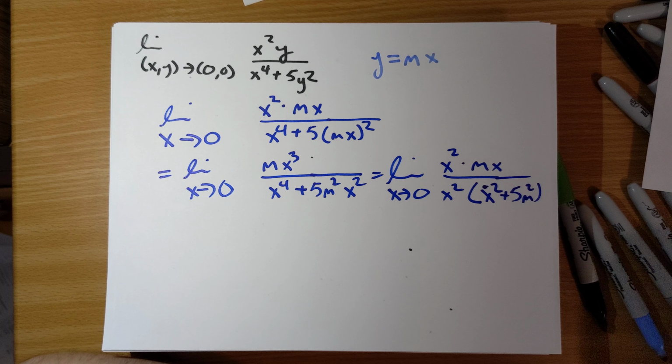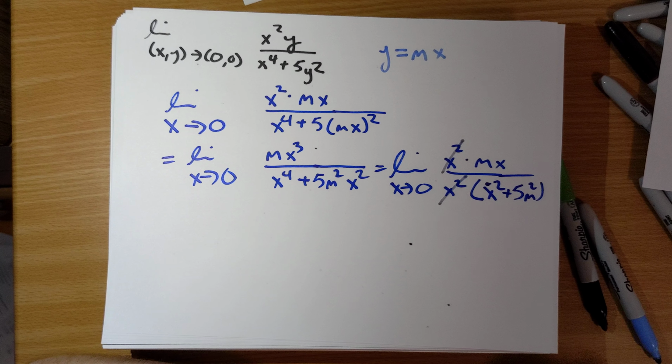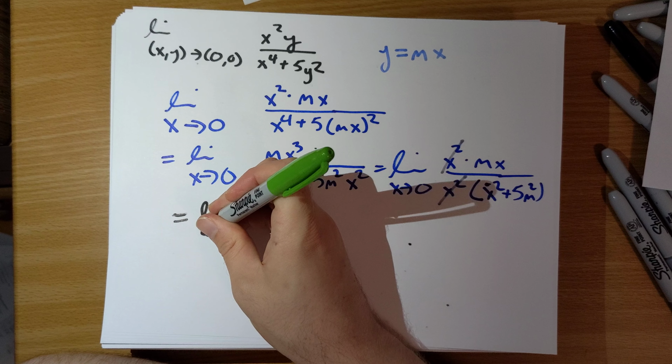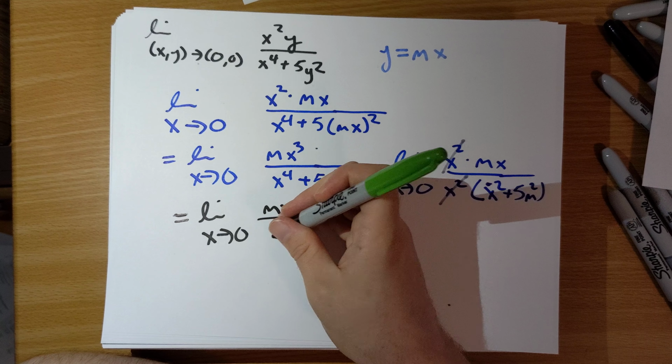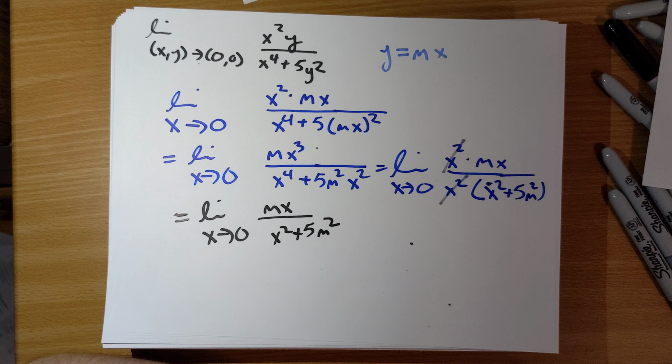Okay, so our x squared factors cancel out here. So the limit as x goes to 0 of mx over x squared plus 5m squared.